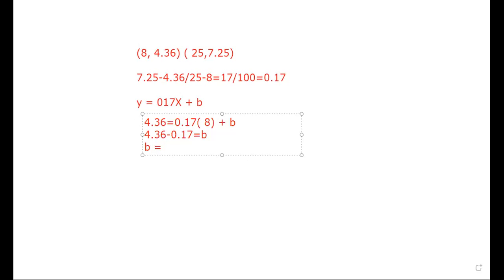Miss, we didn't multiply the 8 by 0.17. Oh, I'm sorry. Yes, thank you. Times 8, it will be how many? 1.36. Okay, are you sure? Please check. You made 8 times 0.17 equals 1.36. It's okay. Then 4.36 minus 8 times 0.17.